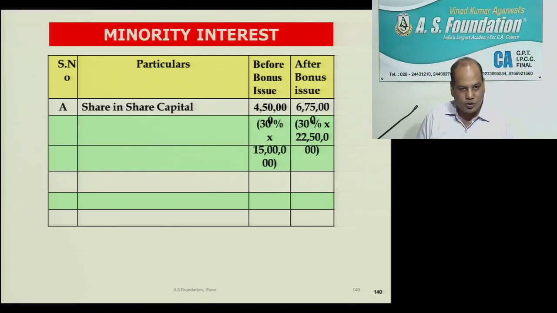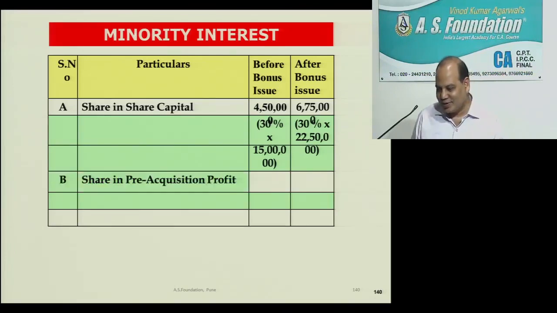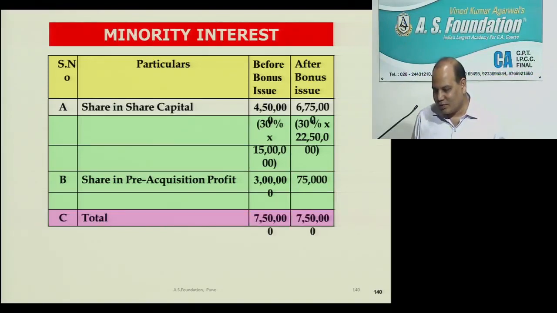And then share in pre-acquisition profit. Originally the pre-acquisition profit was 10 lakh into 30%, 3 lakh. Now it is 2,50,000 into 30%, 75,000. Total 7,50,000. Again, you can choose either of the two columns in your presentation.